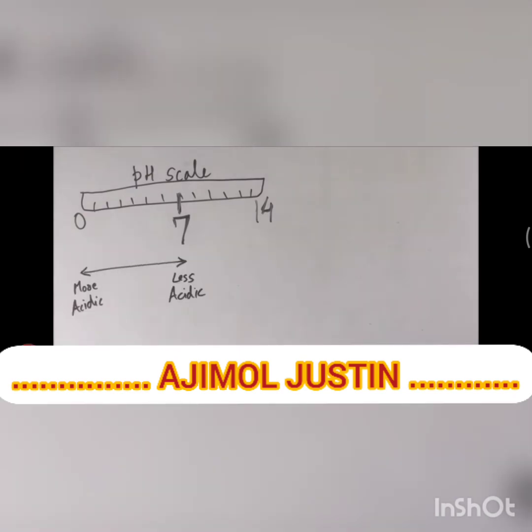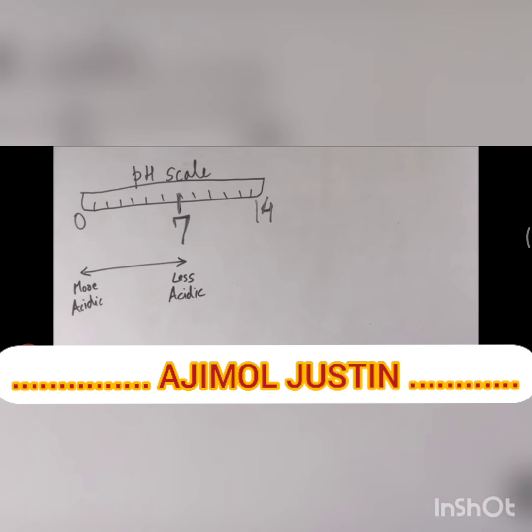Now for acid itself, if the pH value is near to 7, the acidic nature is less. That means it is less acidic. And if it is nearby 0, that means it is more acidic. For example, if you consider the pH value of an acid to be 6.9, that means it is less acidic.